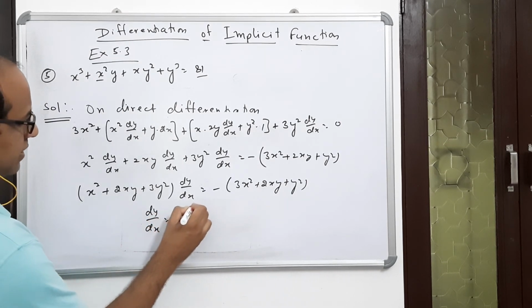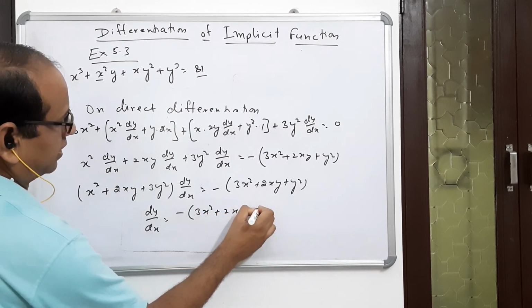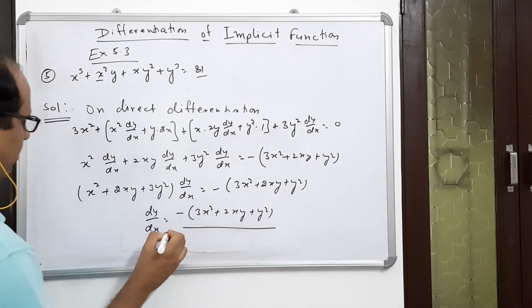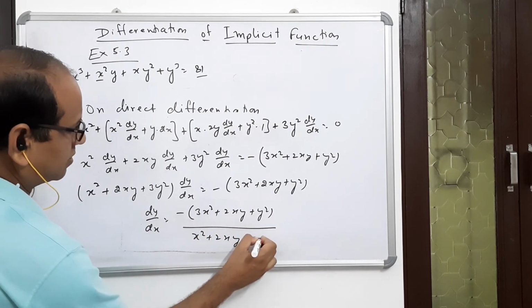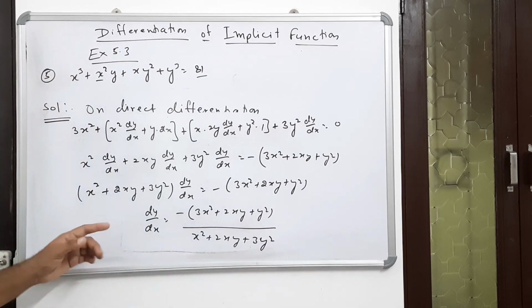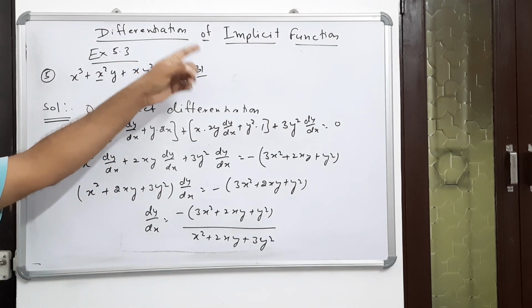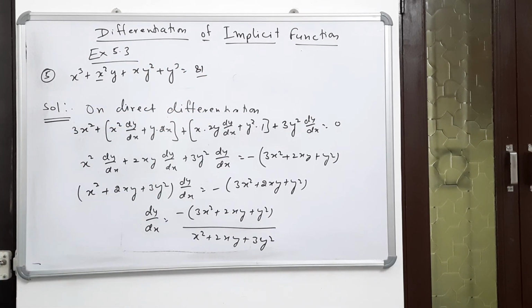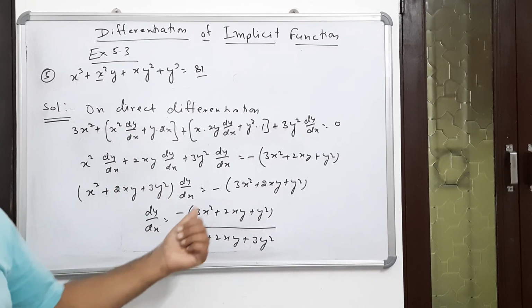The dy by dx is minus 3x square plus 2xy plus y square upon x square plus 2xy plus 3y square. So in this way we find the dy by dx. This is one of the important sums of the derivative of implicit function. Please see the video twice, and I am already sending the image. Please write it down.